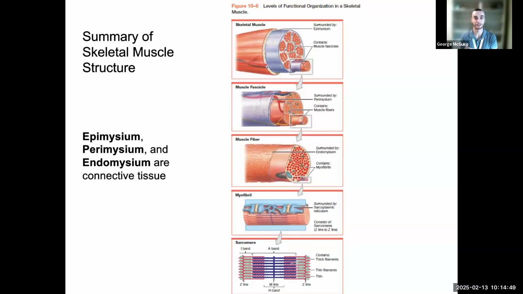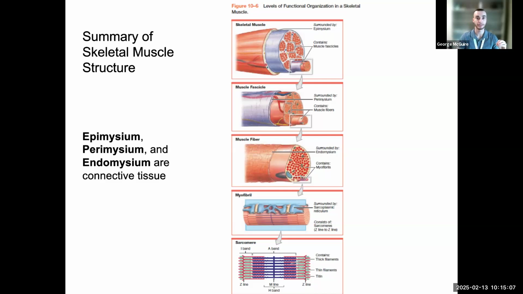Okay? So the entire muscle itself, one muscle, is considered the organ. So that one organ has an epimysium connective tissue surrounding it. That is what defines that muscle. Everything that is contained within that epimysium is that one muscle.